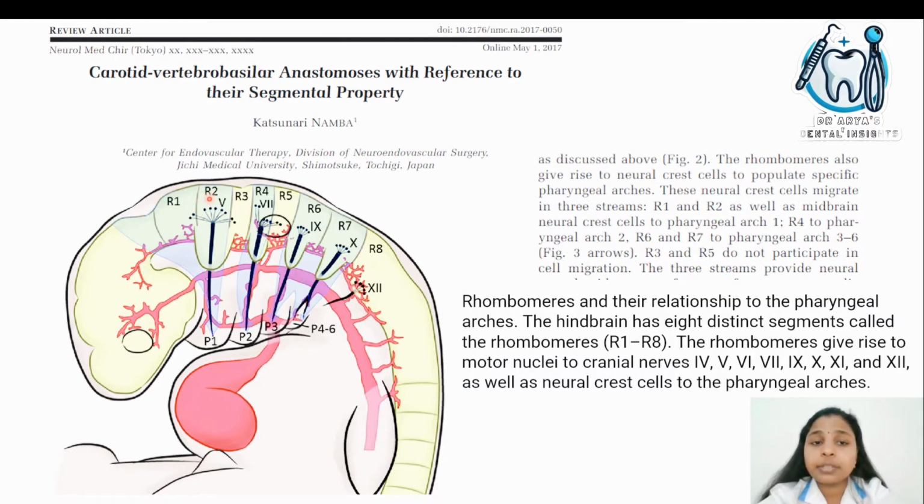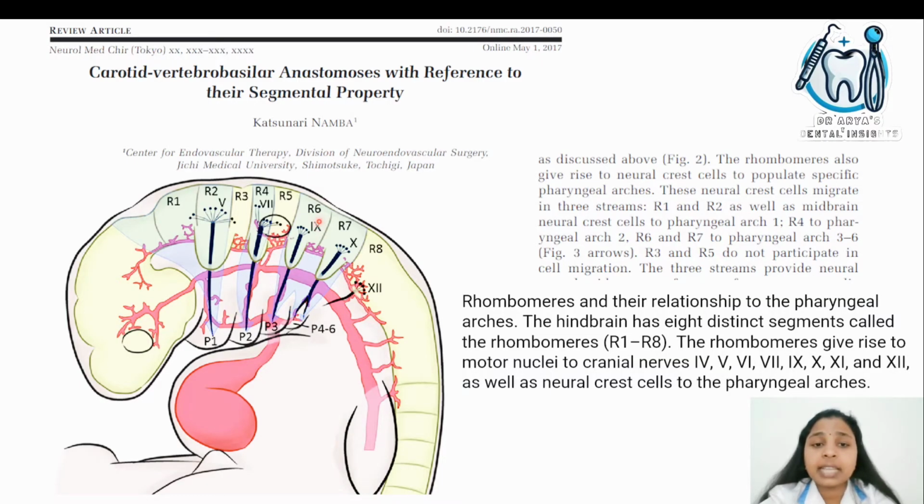Which are these rhombomeres? Rhombomere R1, R2, R3, R4, R5, R6, R7 and R8. So there are 8 rhombomeres. And this R1 and R2 forms the pharyngeal arch number 1. So this is the pharyngeal arch number 1. Then R4 gives rise to pharyngeal arch number 2.